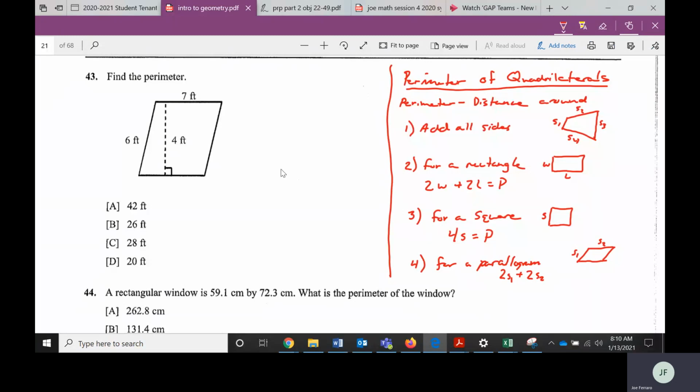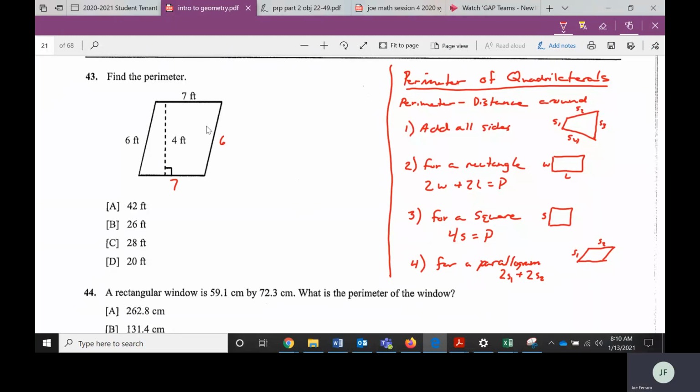So 43, this is a parallelogram, opposite sides are parallel. You can label this. Opposite sides of a parallelogram are the same, so this would be 6, this would be 7. This 4 is not needed, that's not part of perimeter.